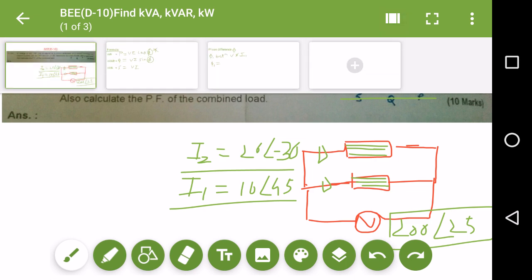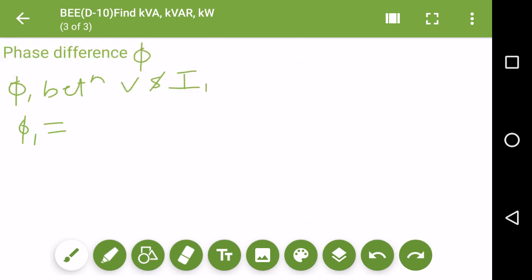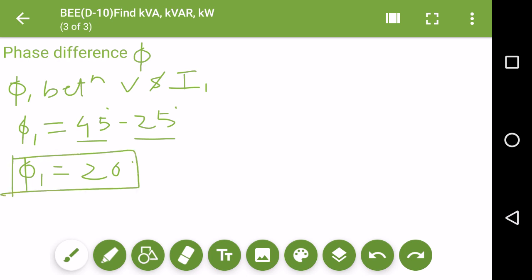So I will subtract 25 from 45. Always remember, the lower value is subtracted from the higher value. Subtracting 25 degrees from 45 degrees, you get the value of phi1, that is 20 degrees.